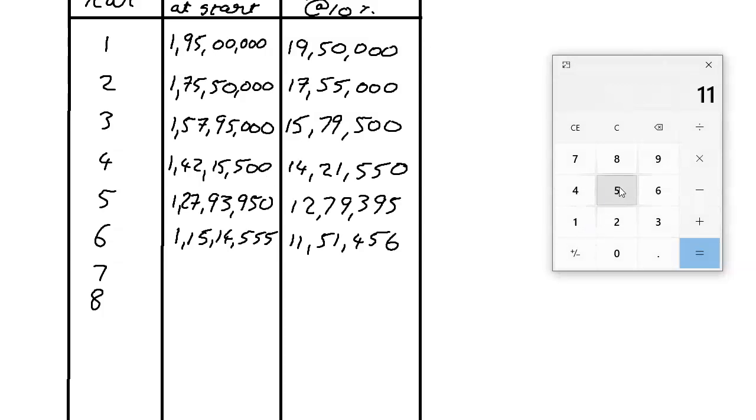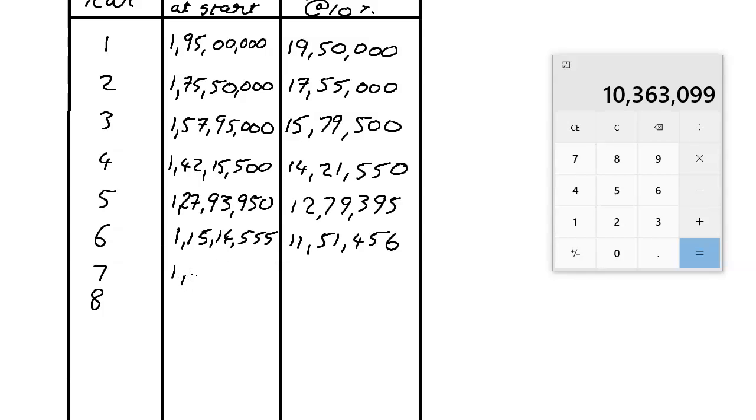So 11,51,456. Okay, and that gives us 10,36,300. Sorry, it's 1 crore. You need to be very careful with your commas.